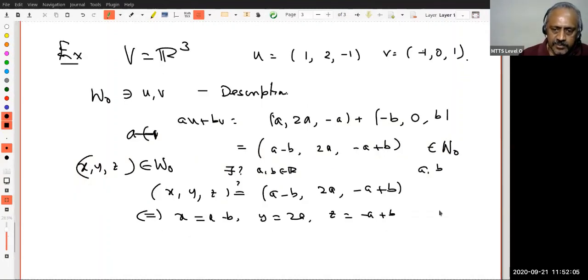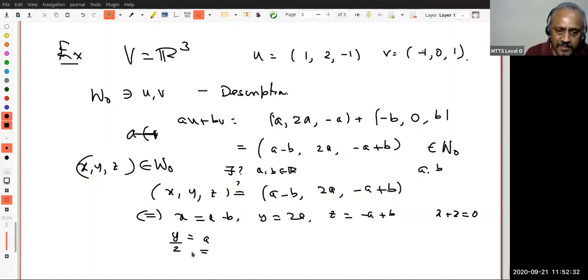Now you can see it's something very interesting already. X is a minus b, z is minus a plus b. Therefore, x and z are negative of each other, that is x plus z is 0. And what is y? Y is 2a. What is unknown? A. Therefore, y by 2 is a. Therefore, what is b?